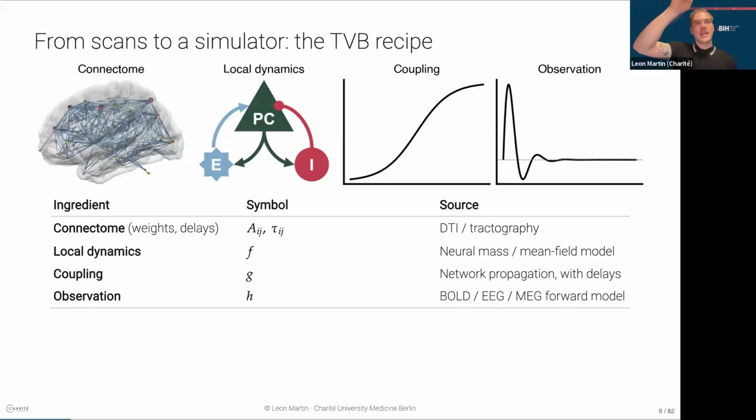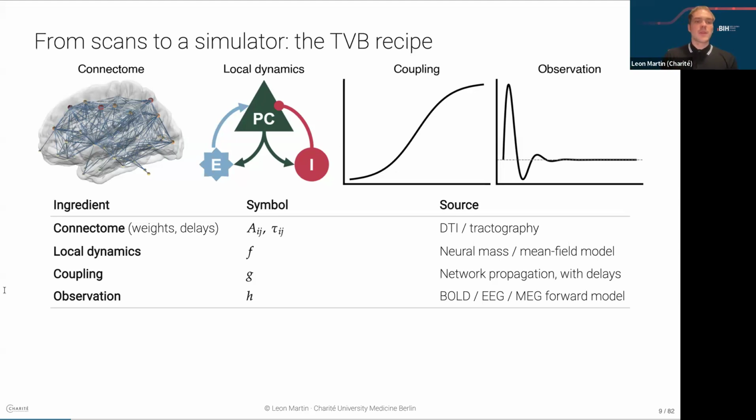We also get the length of the fiber tracts, so to really geometrically assess how far the signal travels, to compute also delays. So we have a system of delayed information flow. And usually we derive this from diffusion weighted imaging and tractography.